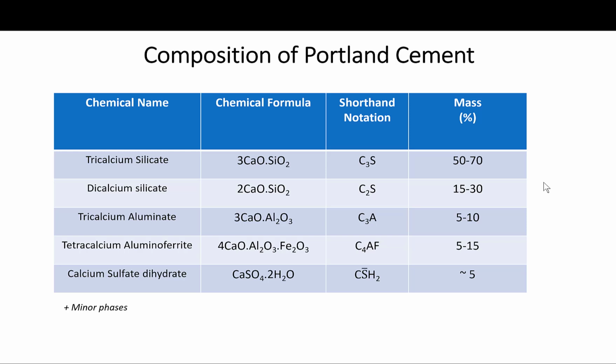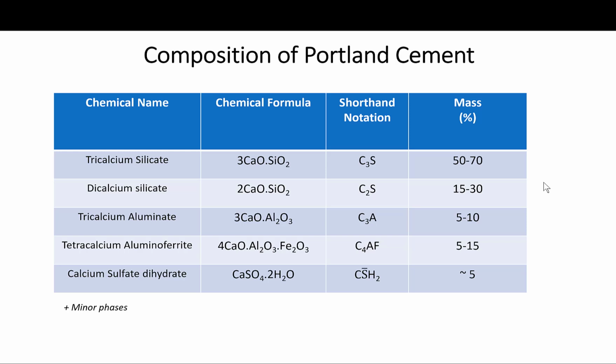The C₃A, this compound is very reactive. If not controlled, it will cause flash set. It generates high early heat and causes problems with sulfate attack, as we will see later. The C₄AF, as I mentioned before, not much is known about this phase and its contribution.